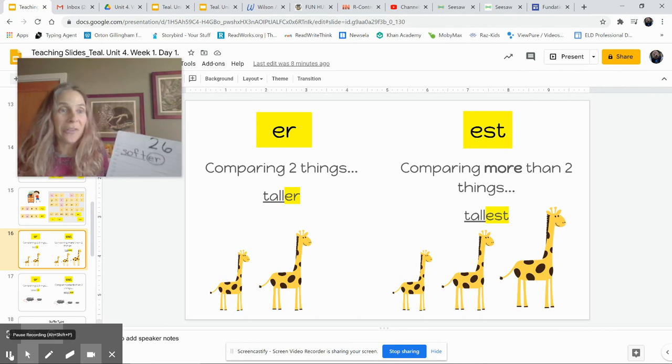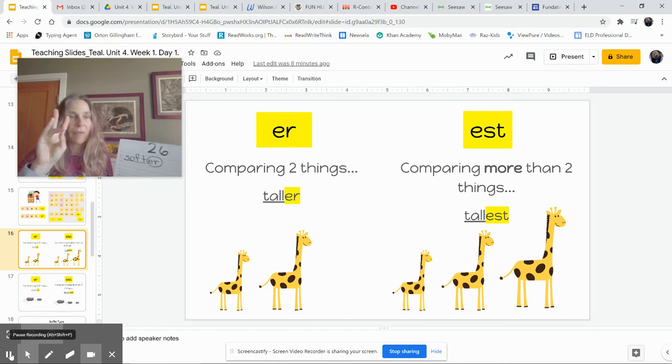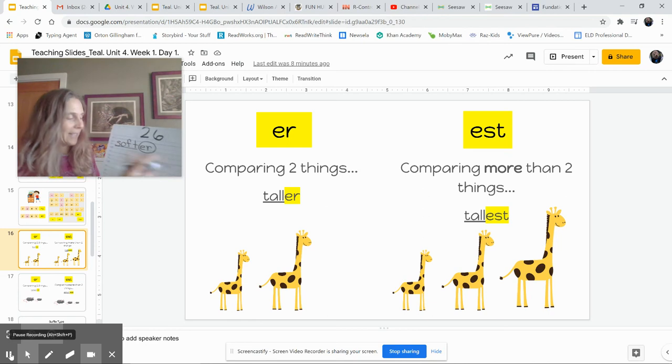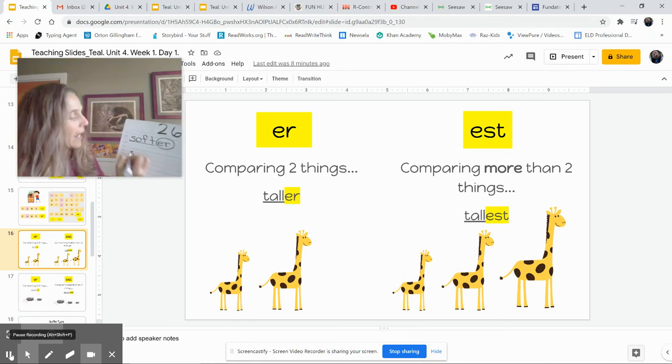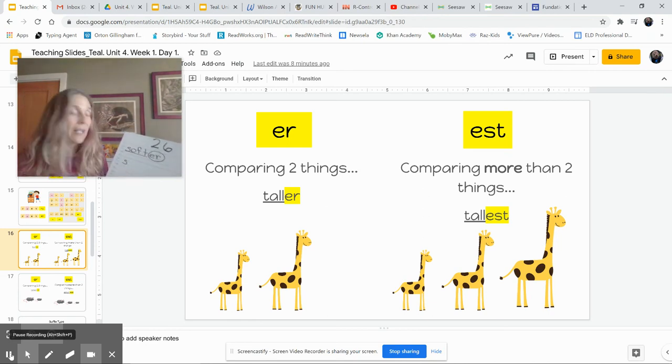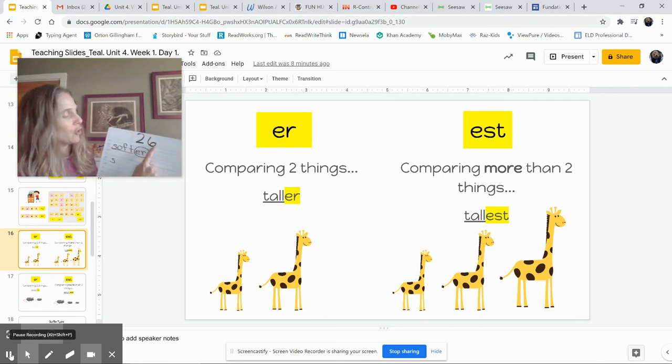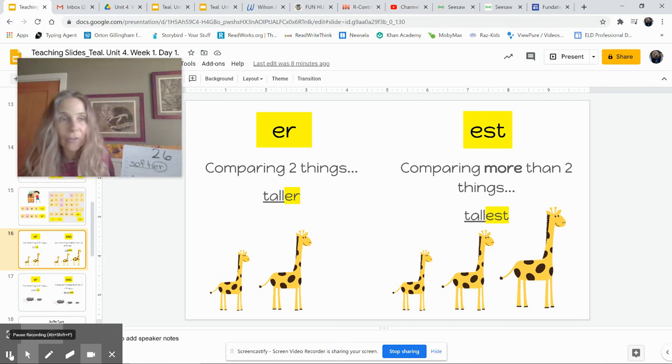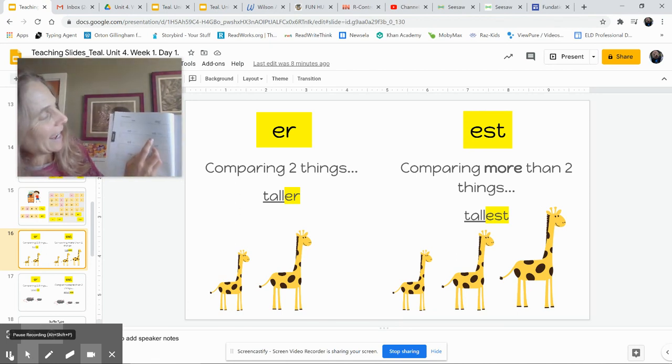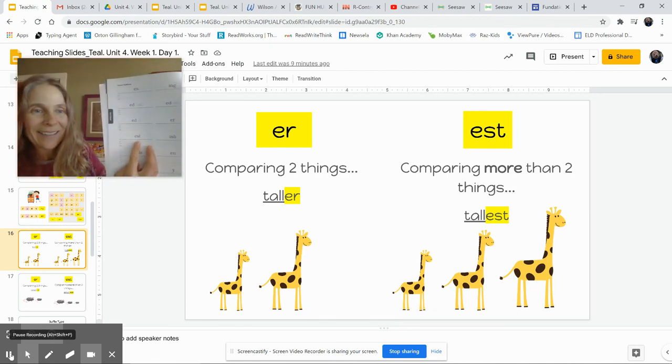So I have my bunny who's softer than my horse, but then there's a chinchilla. Oh, and they are the softest of all. So now I'm going to write the word softest. So let's say our base word soft and tap it out. Soft. Now let's write softest. And remember, we're writing this in our student notebook on page 26 under the section that says EST right here.